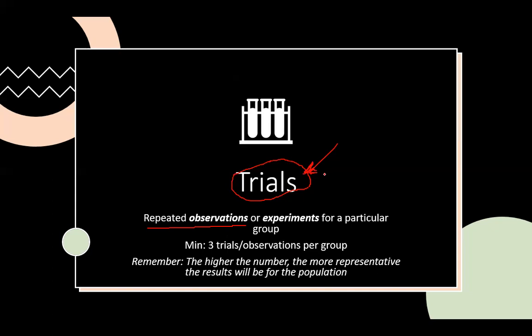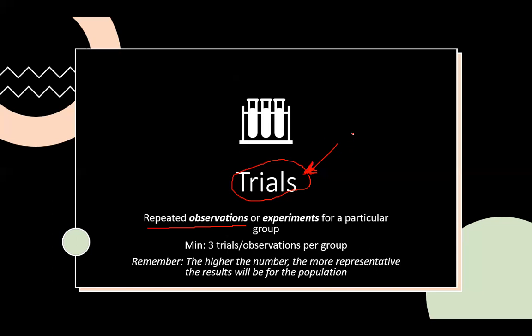Like for example, in the previous example, if you want to know whether chili and tomato is effective as insecticide versus the commercial insecticide, and you observe it only once, it will not be valid, because you cannot conclude from a single observation that it works. To prove that it works, you repeat it many times, and you see that it works in those multiple times.